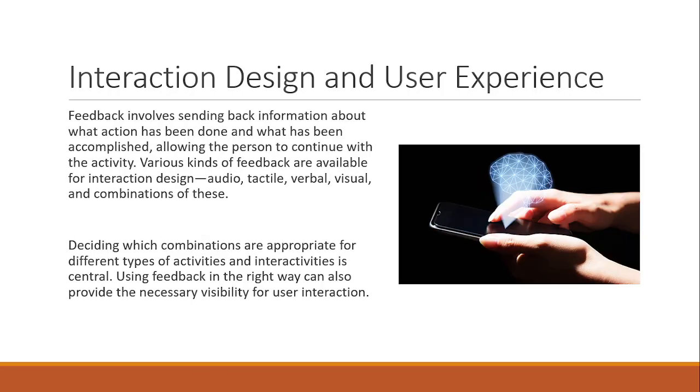Feedback involves sending back information about what action has been done and what has been accomplished. When the end of the knife touches the cutting board, sometimes there is a sound, and that is the feedback.